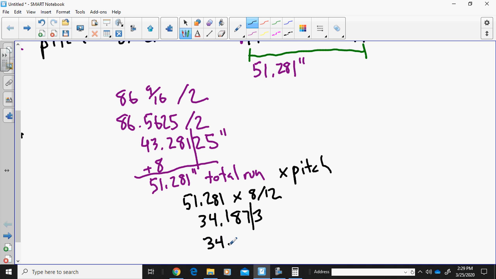So 34.187 inches is going to be our total rise.